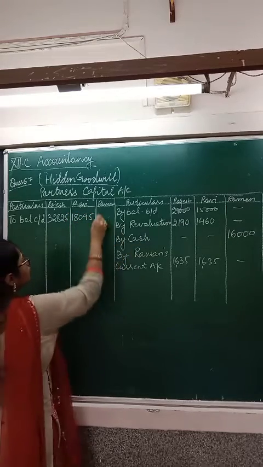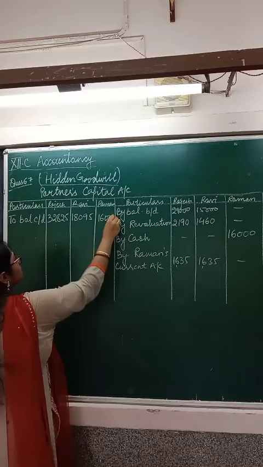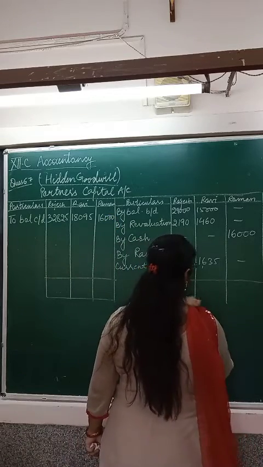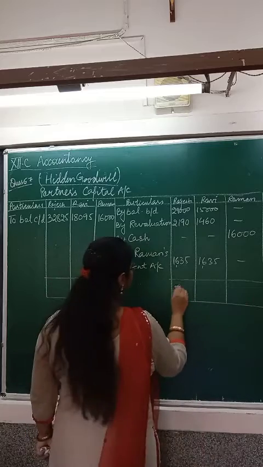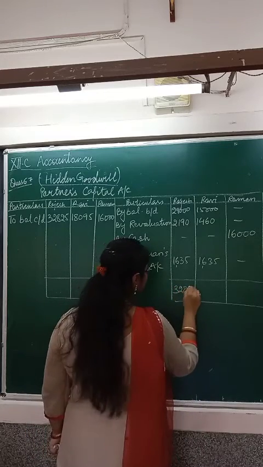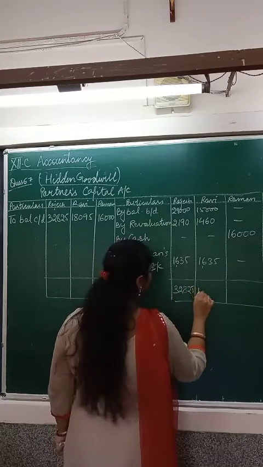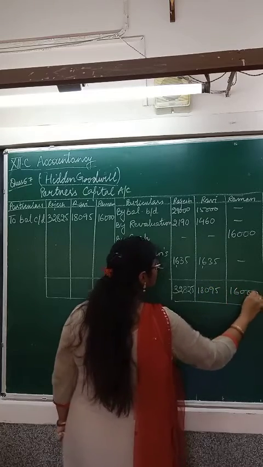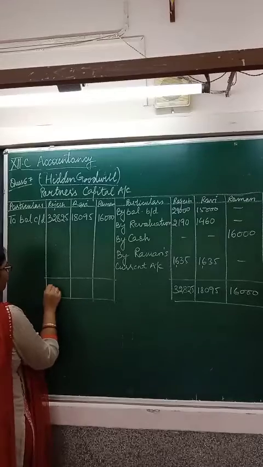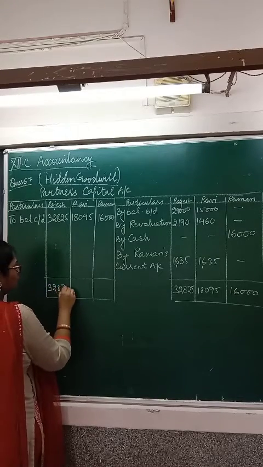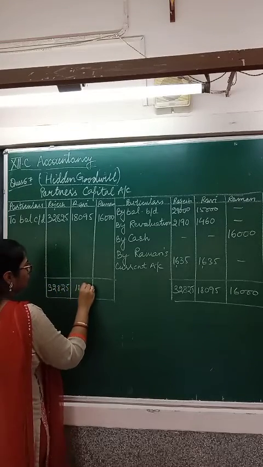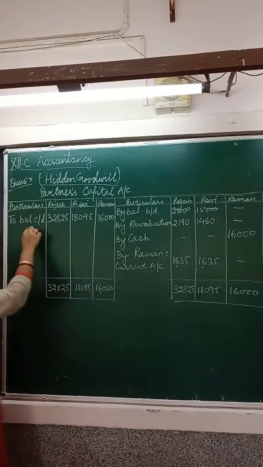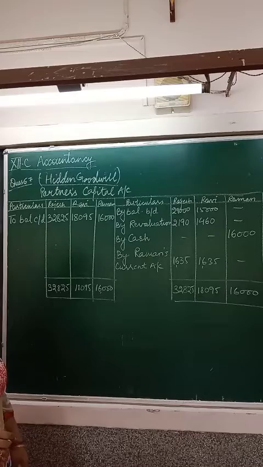And for Raman, it is rupees 16,000. Balance this up. And this is your closing balance for the partners' capital account.